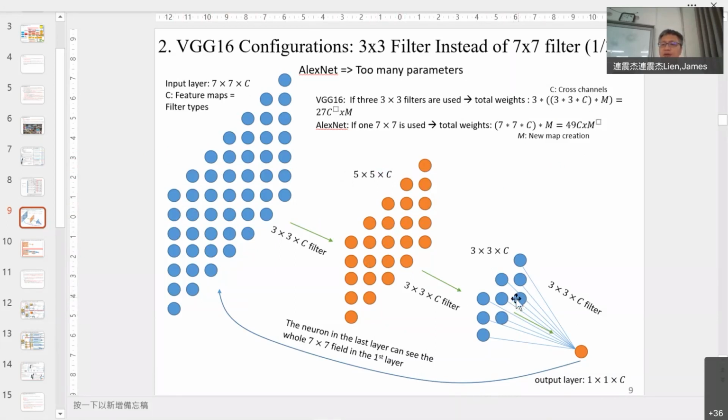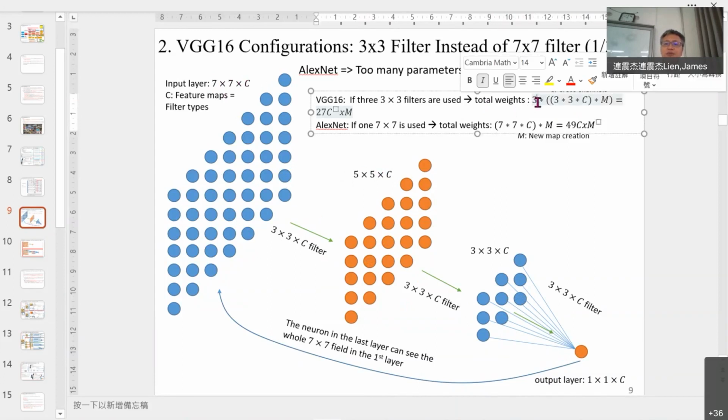And one more time becomes 1. So a 7 by 7 filter can use 3 by 3 filters to replace. And they prove the parameters are much fewer than that.